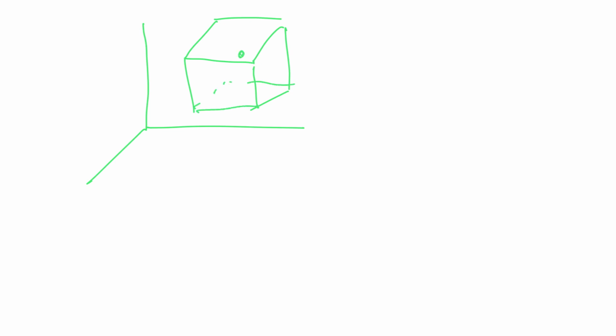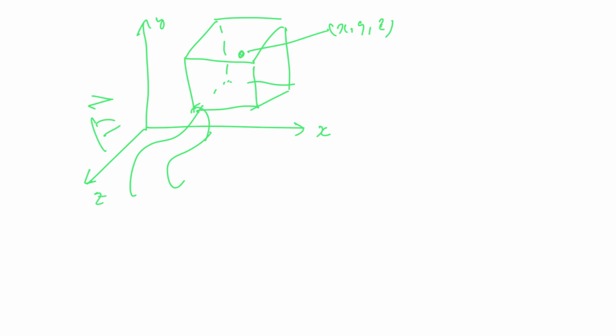At the center we have x, y, z, and some flux of field F. So let's say this is x, y, and z, and this is the normal direction.